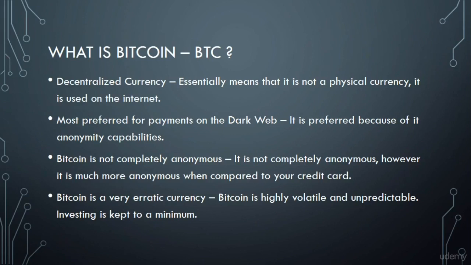So let's go on to the final part here, which is that Bitcoin is a very erratic currency. Now let me explain what this means. Bitcoin is highly volatile and unpredictable in the sense that it does not store value in a very predictable fashion. Now you might be asking yourself, well, has Bitcoin's value always risen?